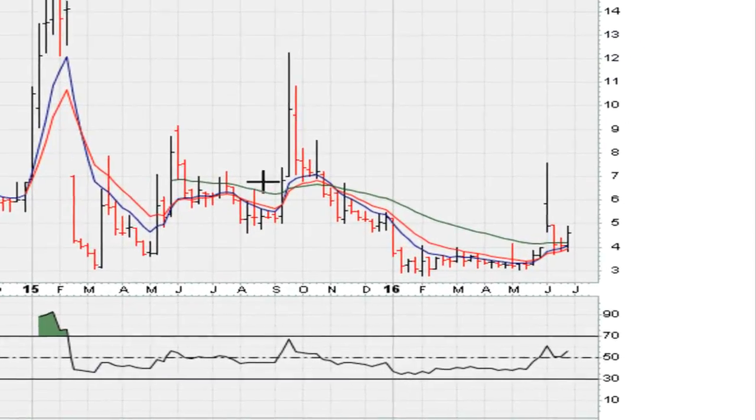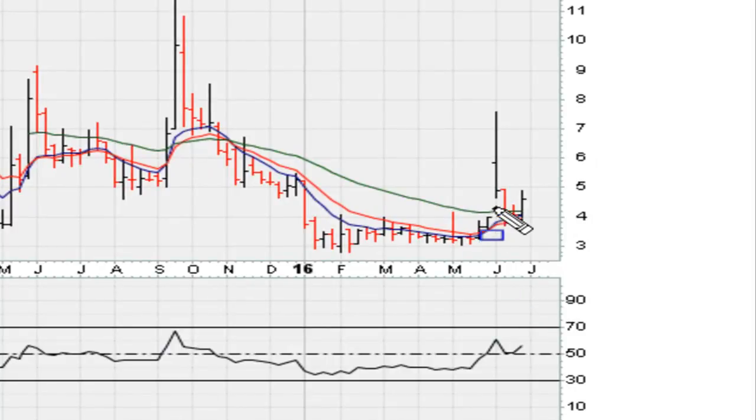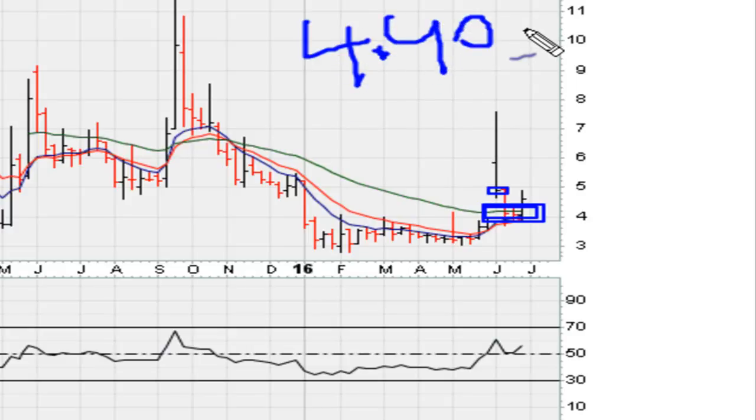If you take a look at the 34-week moving average right now, it is flat right there. Now this is a 2-year weekly chart. This is flat. So during this period when it's flat, this is the highest daily closing high right there, and it is at 4.90. So you can use the weekly chart in this particular example because you have a flat 34-week moving average. Any breakout above 4.90 is a legitimate trigger to go long.